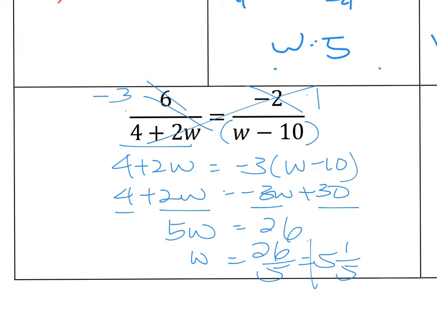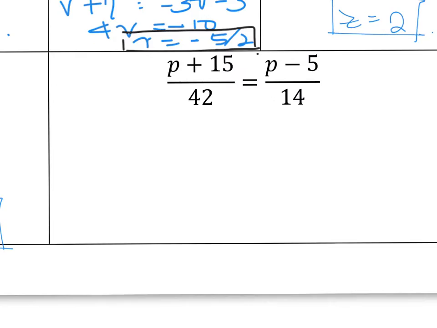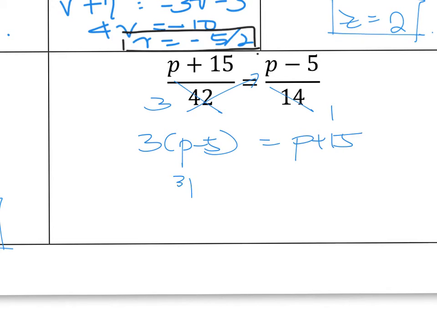Five and 1/5. This one, 3, cross multiply, collect the like terms on the right side of the equation.